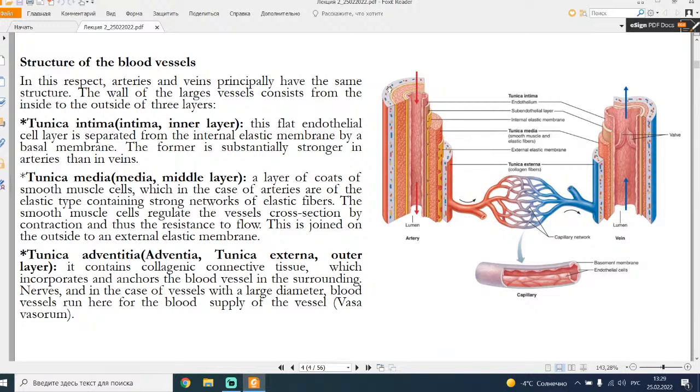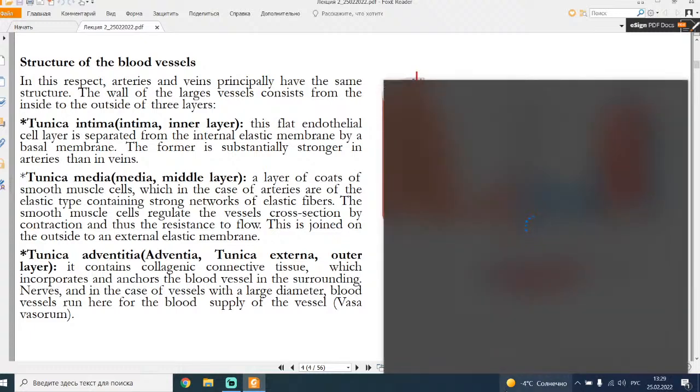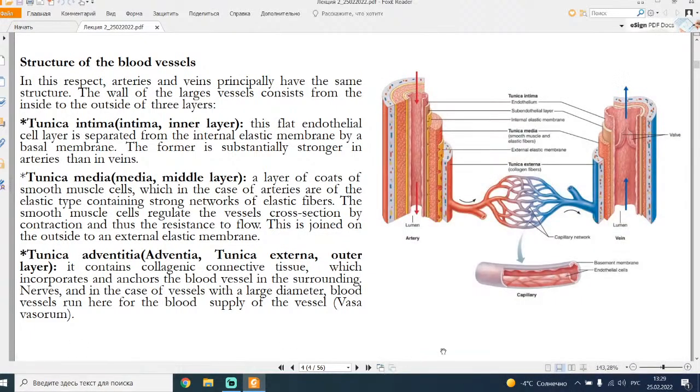It is the vasa vasorum. What you see located in the tunica adventitia is the vasa vasorum. Artery, vein, artery, vein.